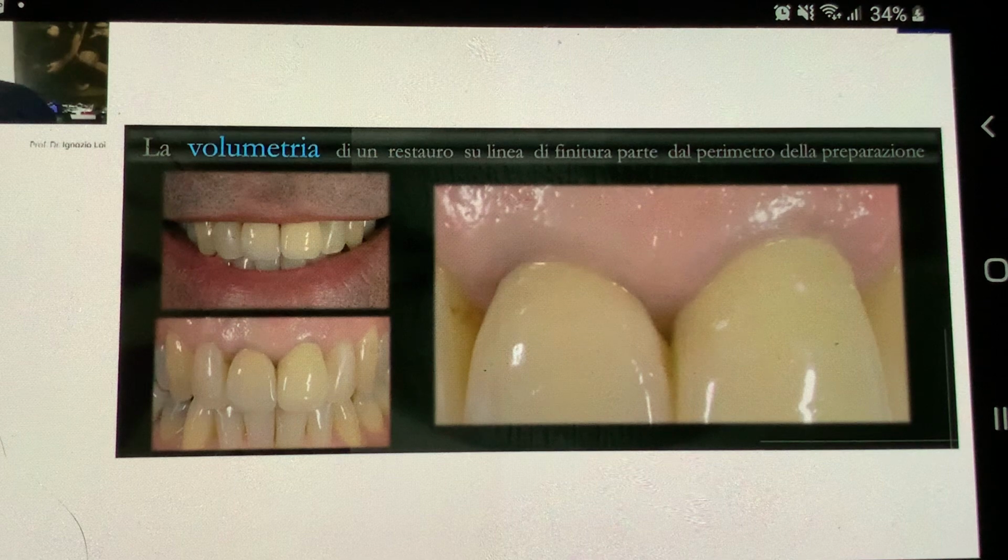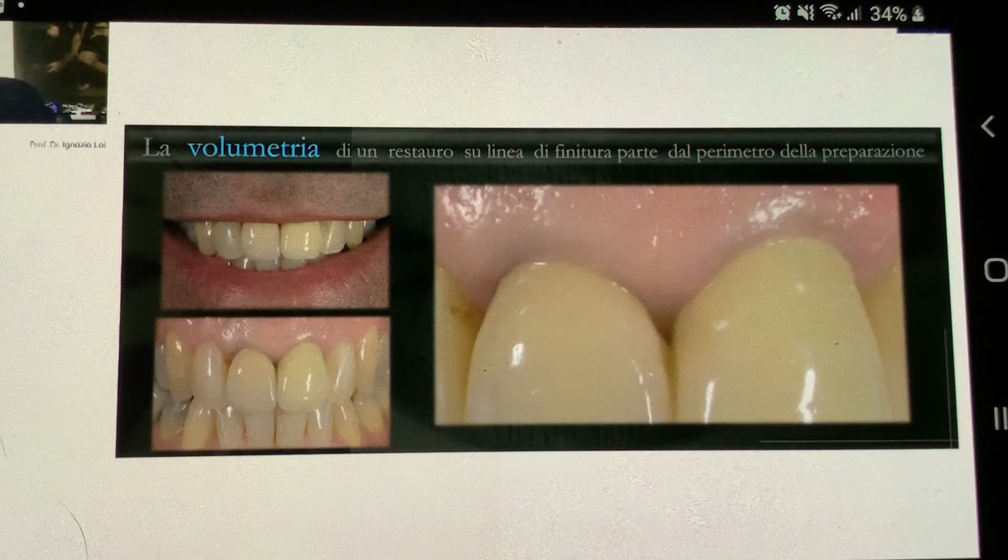We know that the volume of the restoration, as I said, through prosthetic dominance, is determined by the perimeter of our preparations. For example, look at these two teeth. You see that one is wider, one is narrower, and the papillae are completely different. And this is due for sure to preparations which exceeded the symmetric volumes, what we defined anatomic dominance, and they invaded the radicular part.